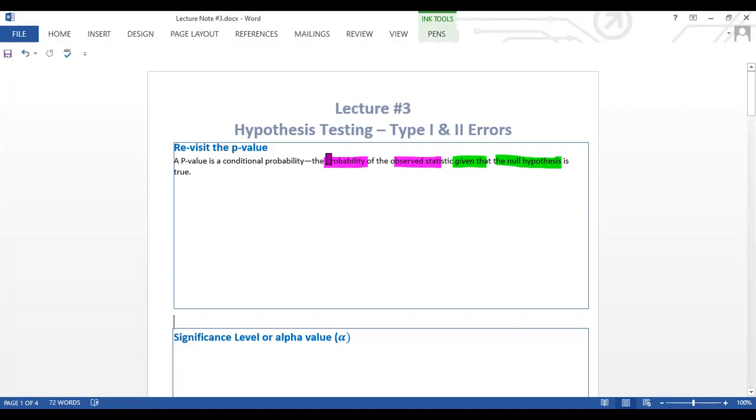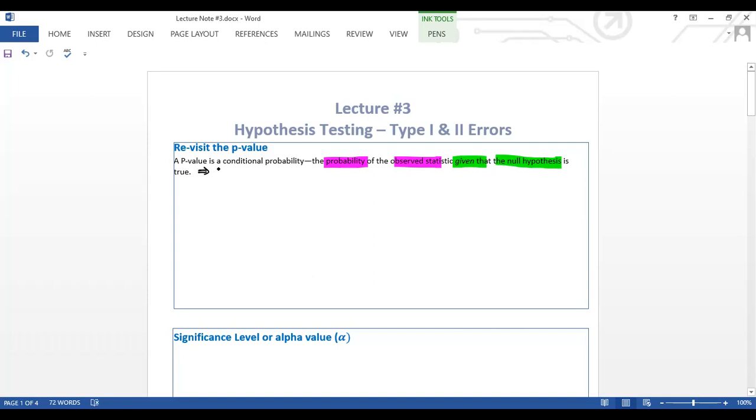Like the example I gave you, the null hypothesis is this person is not guilty, right? Then the observed statistic is your DNA match. If this person is not guilty and you get a match, that probability is very, very small. That's what we call the p-value here, okay?